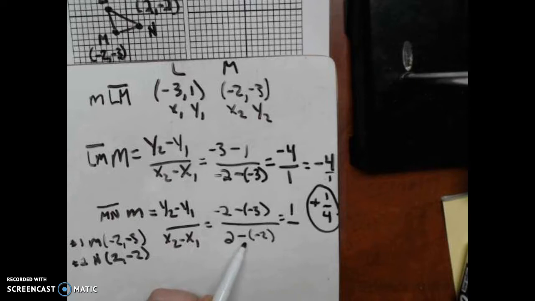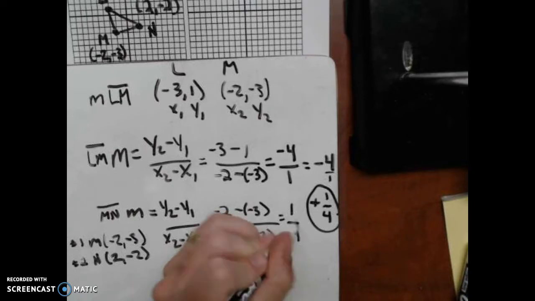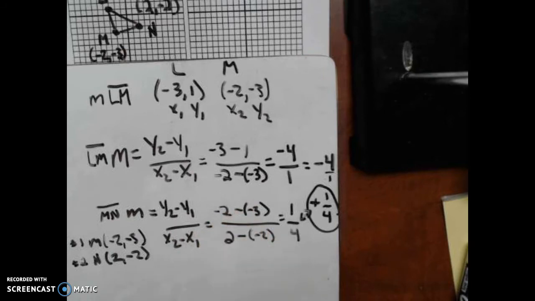And on the bottom, we get 2 minus -2, or 2 plus 2, which is 4. And there we do it. We got what we're looking for, positive 1/4, the negative reciprocal of -4/1. So both of those are related to each other.